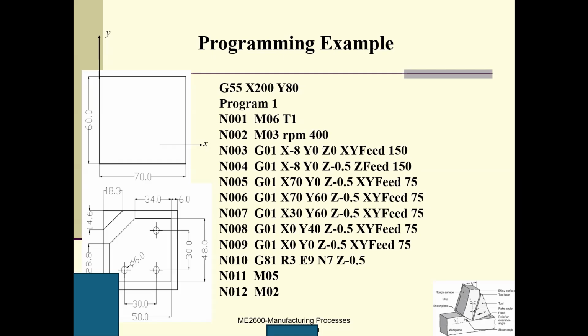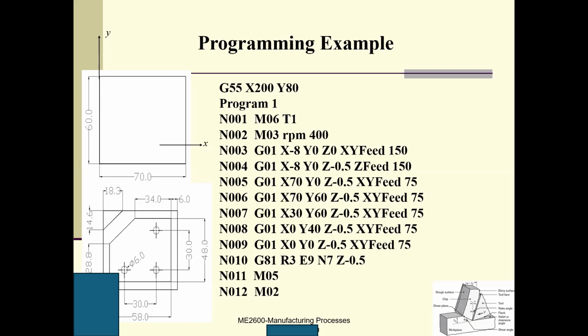So that means I mill this edge. Right? And then I move to X70, Y60. I move here, but still the depth is 45. After I move there, I move to X30, Y60. I move here. Right?